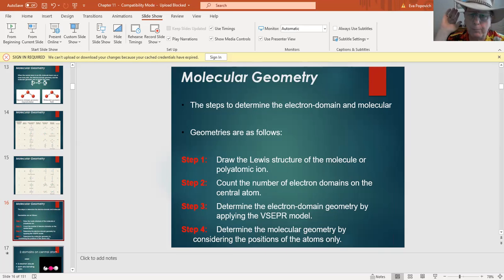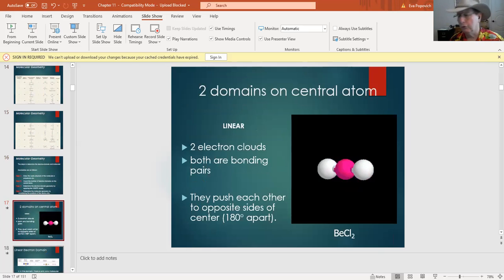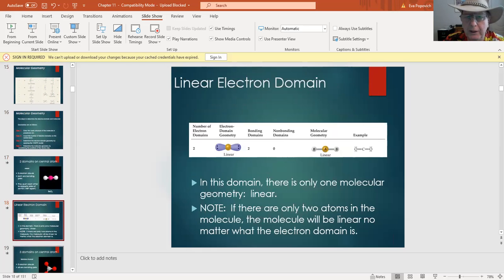Then you're going to apply the molecular geometry by considering the positions of the atoms only. 2 domains. 2 electron clouds, if they're both bonding, they push each other away from one another 180 degrees. So my electron geometry is going to be linear, no non-bonding domains. My molecular geometry is going to be linear as well.